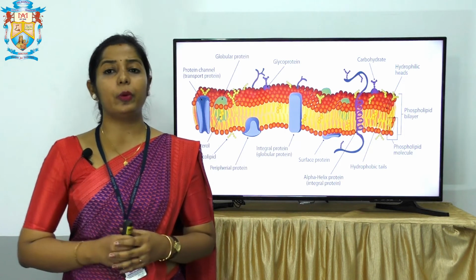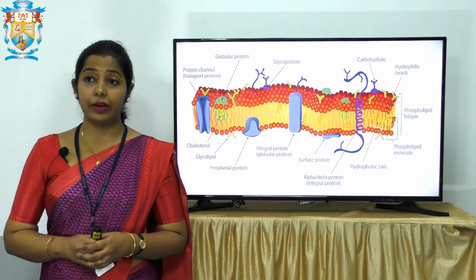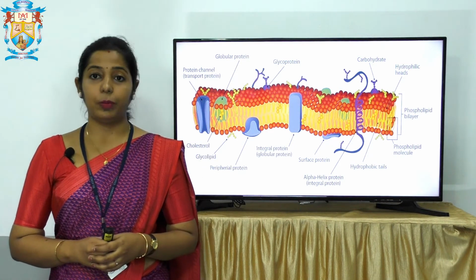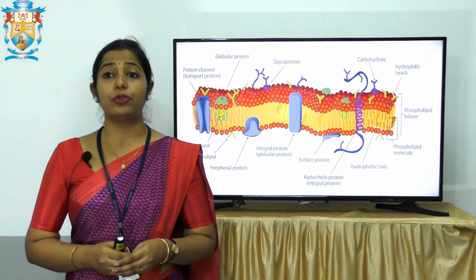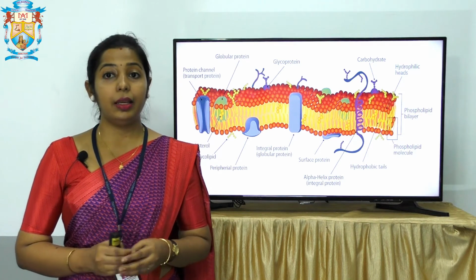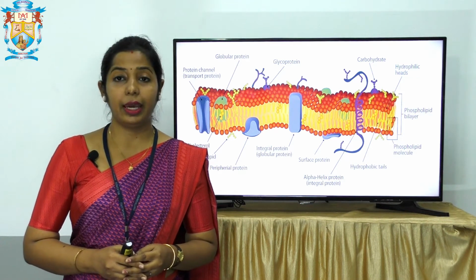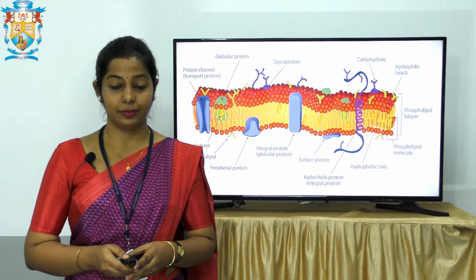The proportion of protein, lipids and carbohydrate in the plasma membrane varies between different types of cells. For a typical human cell, protein accounts for about 50% of the composition by mass, lipid accounts for 40%, and the remaining 10% comes from carbohydrates.